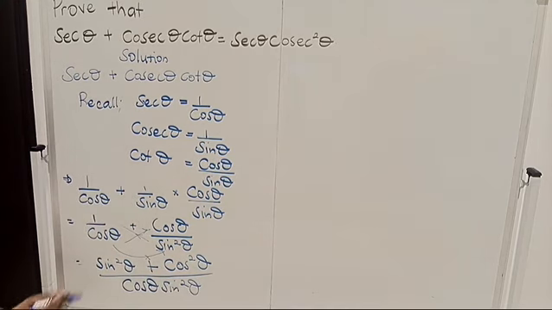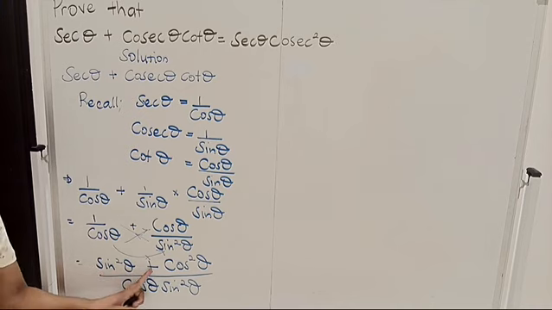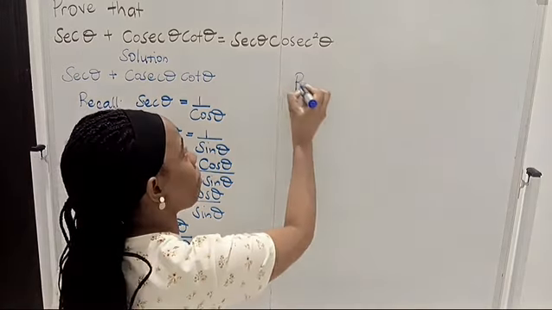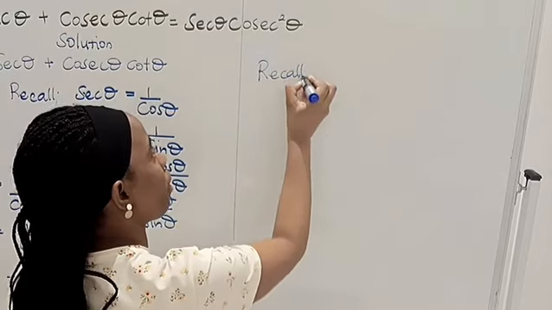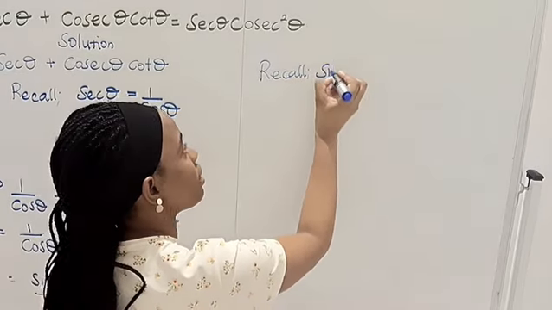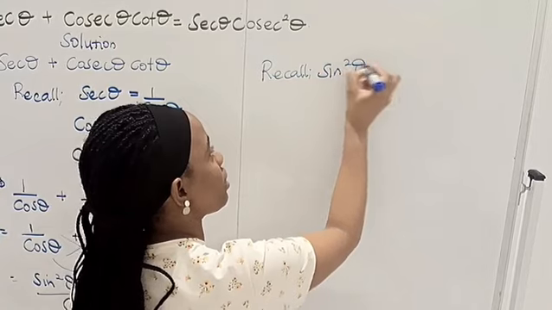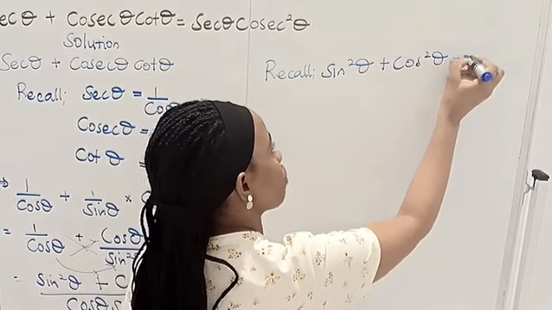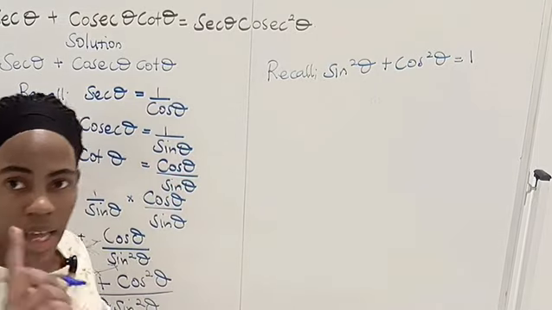Okay, now let us look closely at the numerator. When you look at it, you have sine squared theta plus cos squared theta. We also recall that sine squared theta plus cos squared theta is equal to 1. That is our first identity.